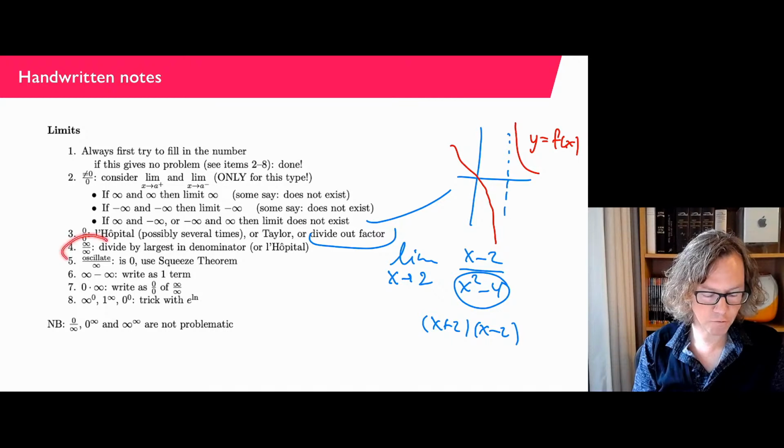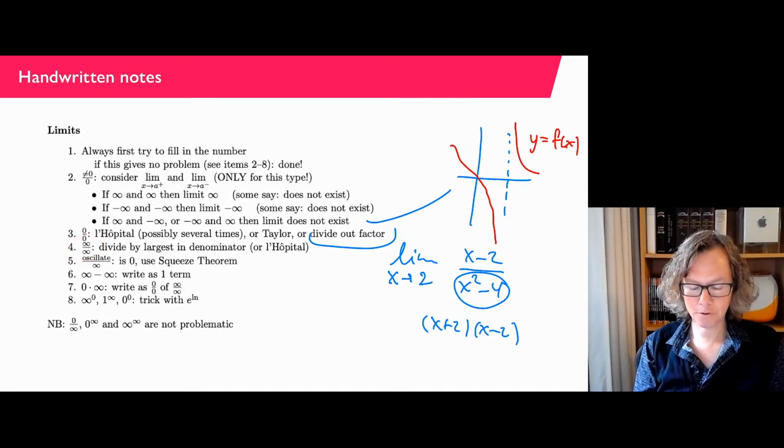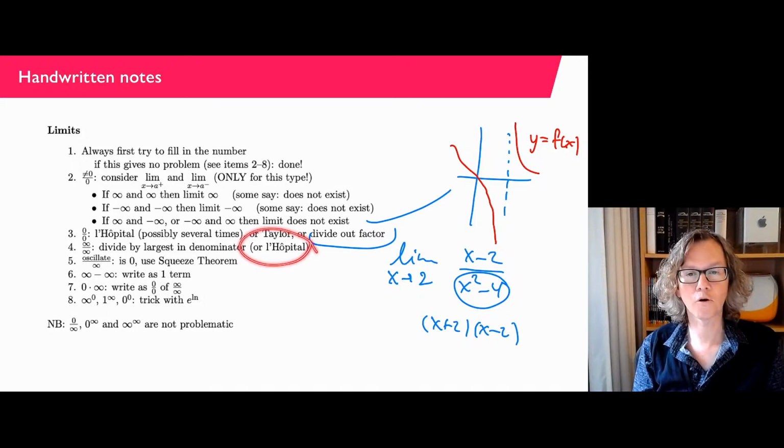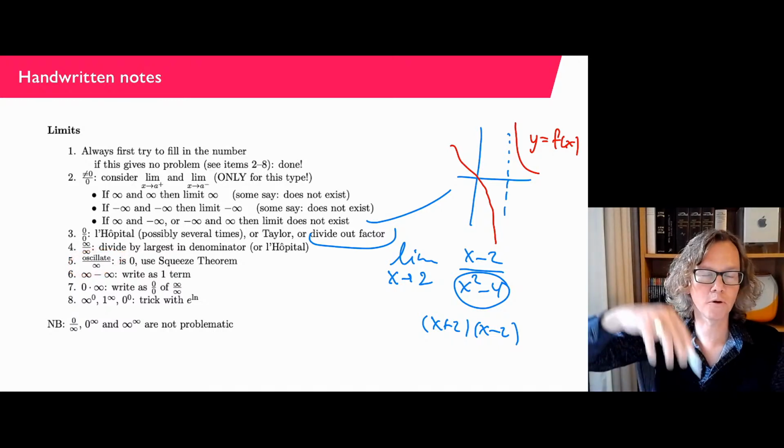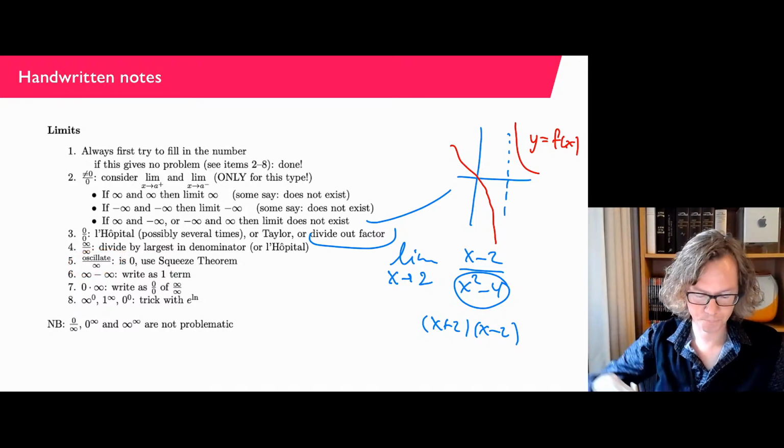If you have infinity over infinity, either divide by the largest exponent, the largest term in the denominator, so we've already seen that trick, we already covered that, or you could try L'Hopital as soon as we have encountered that. If you have something that oscillates, what oscillates means is what the sine and the cosine do, so they go between -1 and +1, that's what oscillating means.